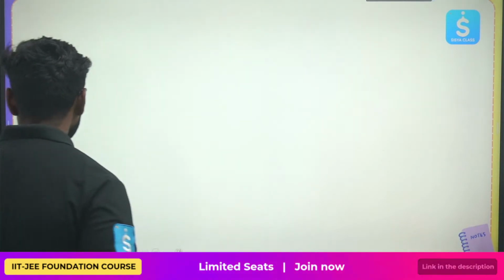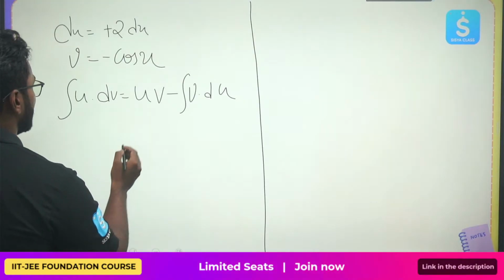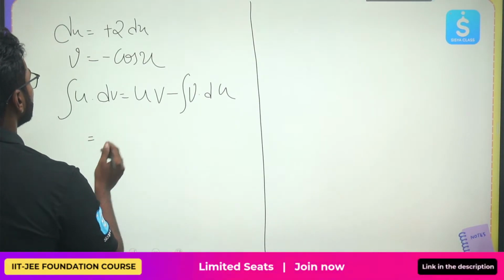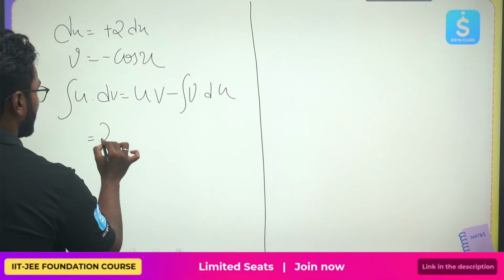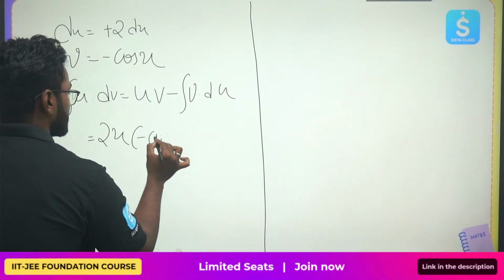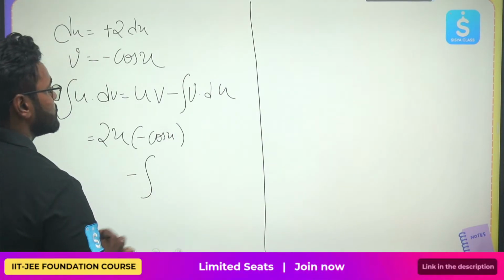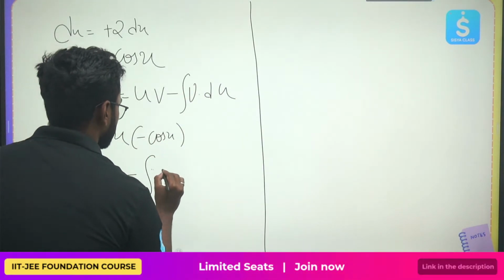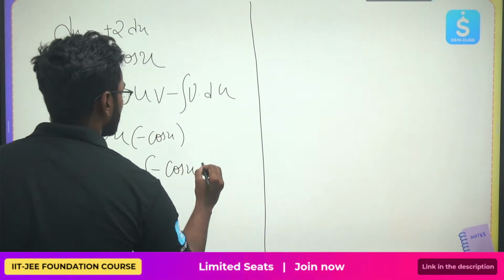Now, let us substitute the values we have. That's equal to uv. We have considered u as 2x, 2x into v. We have v as minus cos x, minus integral of v, which is minus cos x, and du is 2 dx.